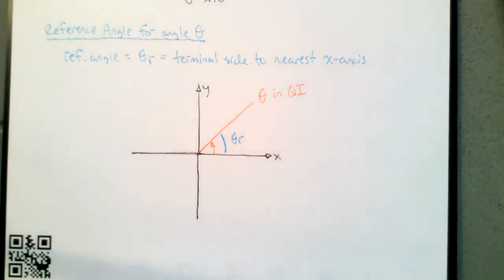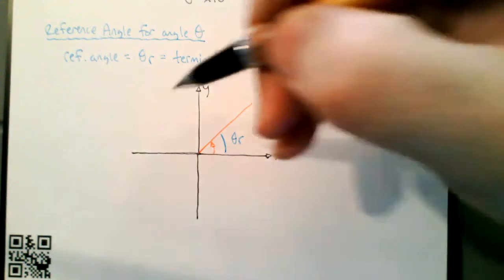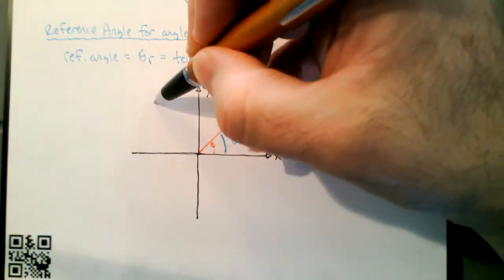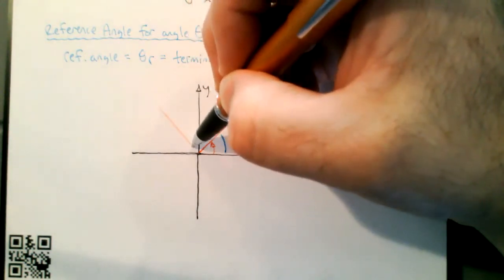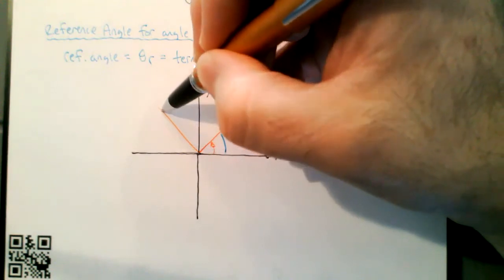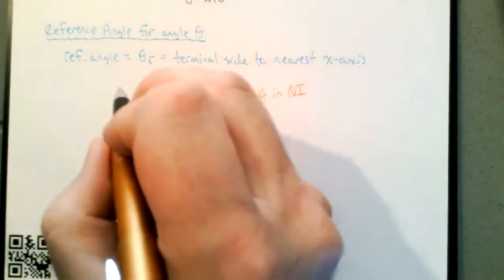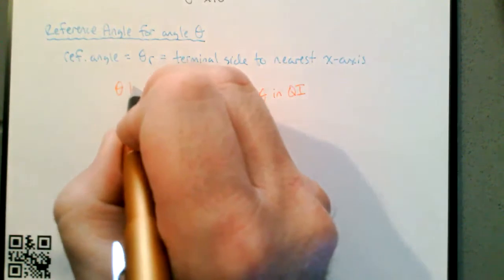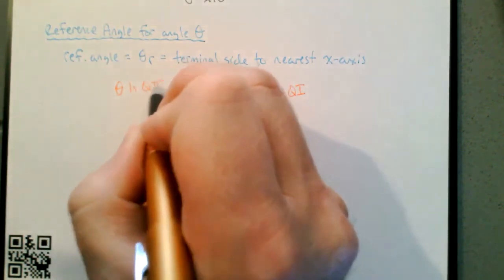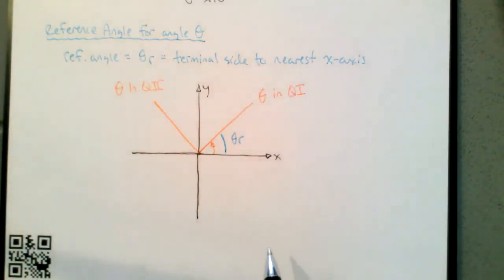If I have a theta in the second quadrant, so this is where the terminal side of theta is.